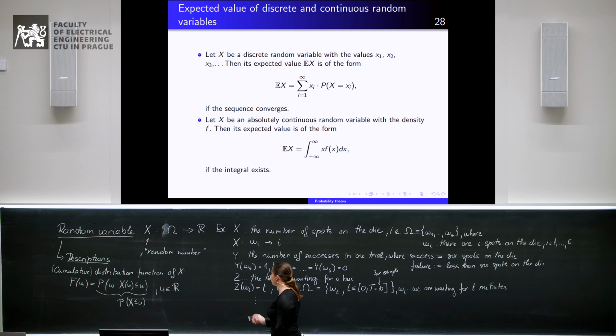And then we use 2 types of random variables we will work with: discrete variables and continuous variables.